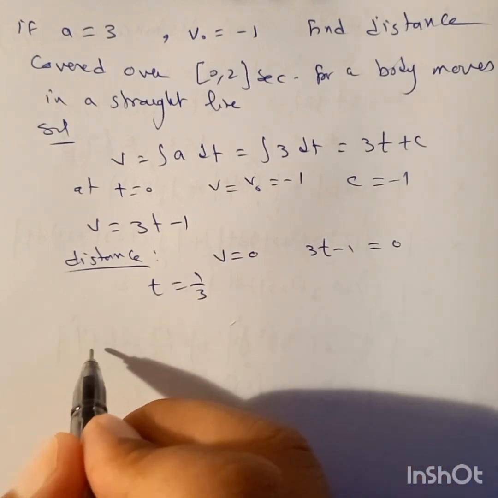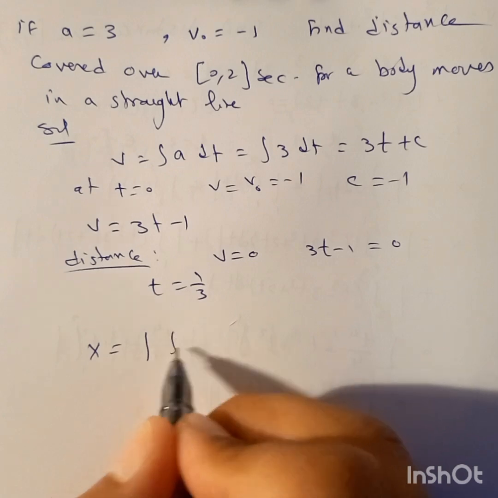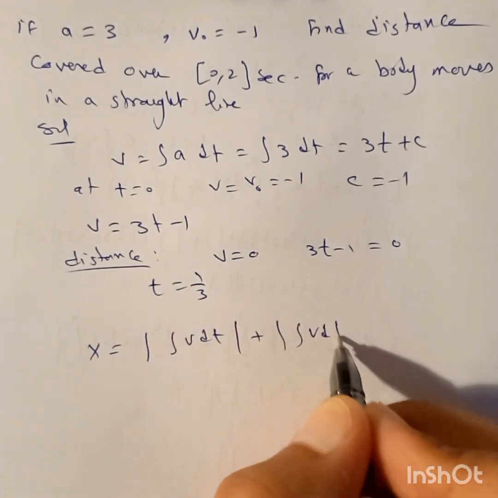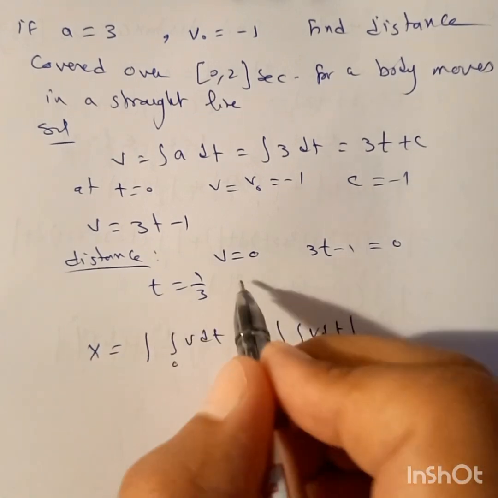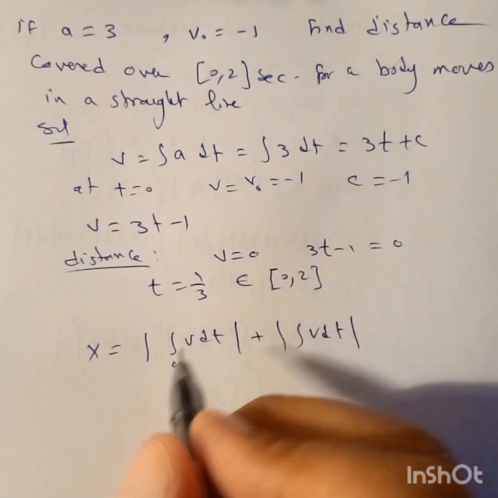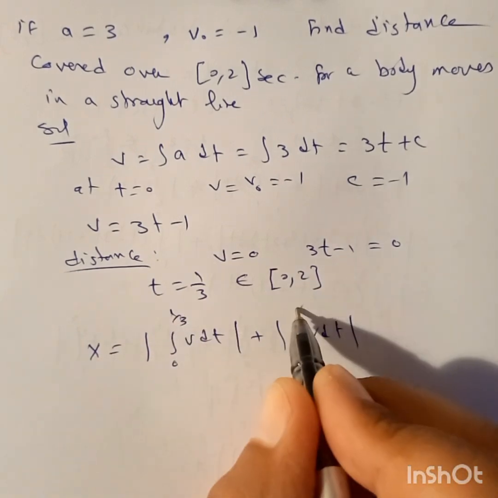Then we can find x equals the modulus of the integral of v dt plus the modulus of the integral of v dt. Okay, modulus of course, here from 0 as t is included in this time interval under investigation. Then we have 0 to 1 over 3 and from 1 over 3 to 2.